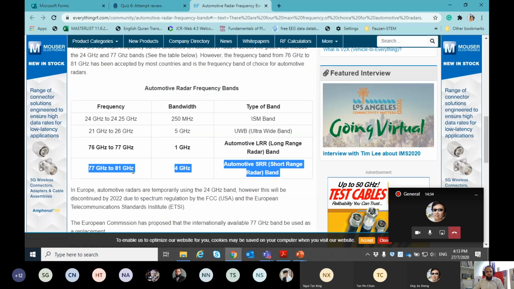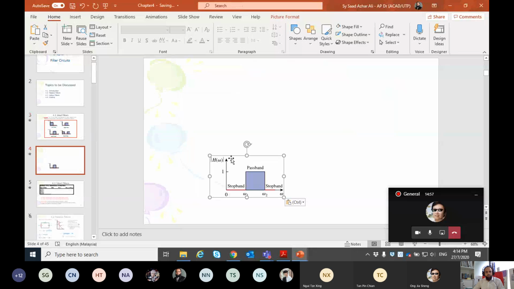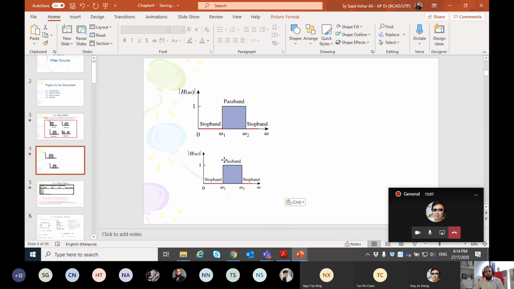But the problem is there are two bands, two separate bands. And this shows that you might have to get two band pass filters. One for the ISM, 24 to 24.25 gigahertz, and another one for 77 to 81 gigahertz.